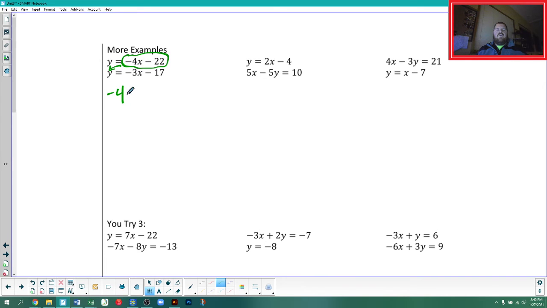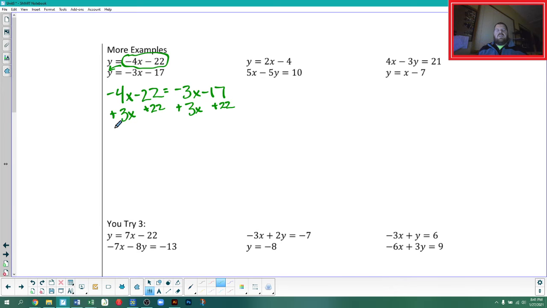I'm going to say negative 4x minus 22 equals negative 3x minus 17. And we can move whichever x we want. Maybe we want to add 3x to both sides. And I'm going to do this other part at the same time. I'm going to add 22 to both sides as well.